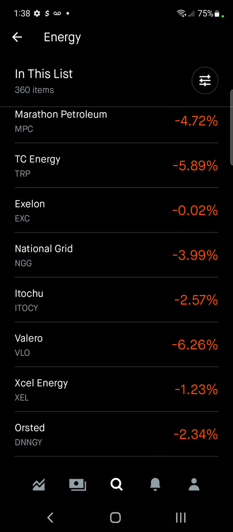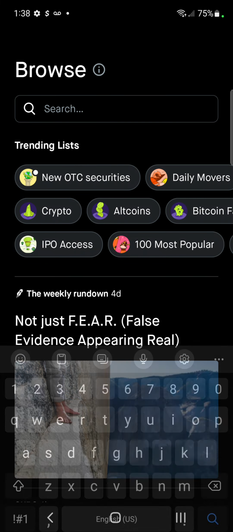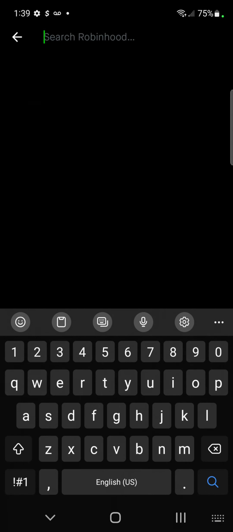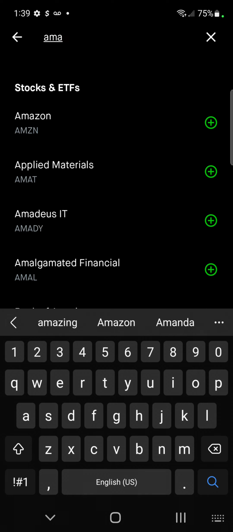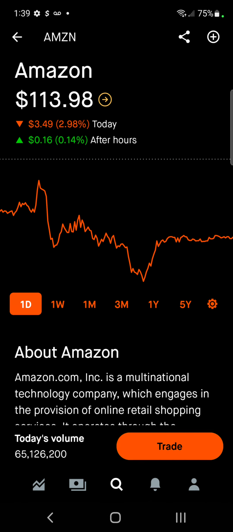You can also go in the search bar and type in whatever stock or crypto you want to look up. So let's just say Amazon. You can enter the actual name or the ticker symbol, and it will locate it, and you can easily pull that stock up.